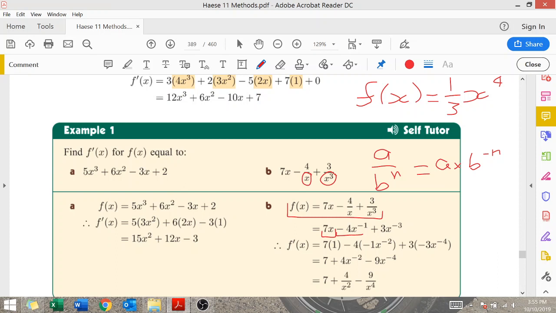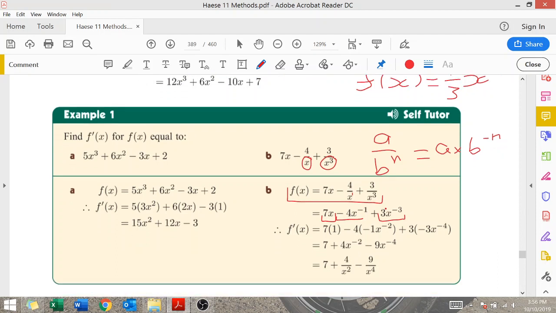So that's exactly what we've done. 4 divided by x on 1 is the same as 4 times x to the negative 1. We do the same thing here. We have 3 on x cubed, which is the same as 3 times x to the power of negative 3. Same thing.